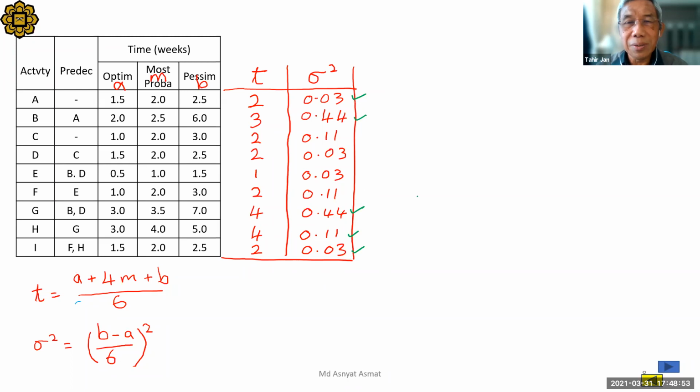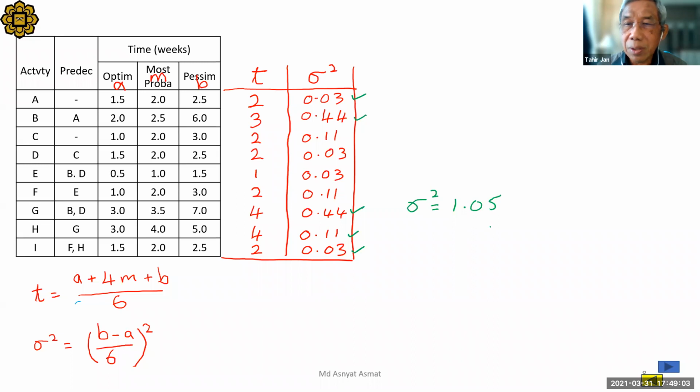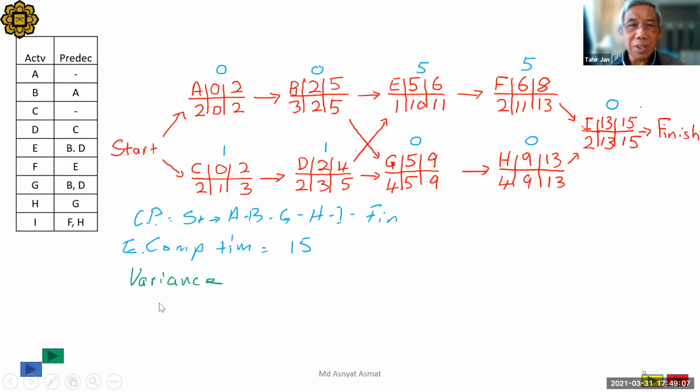What do you get? 1.05. Okay, let's move back. So the variance is 1.05.